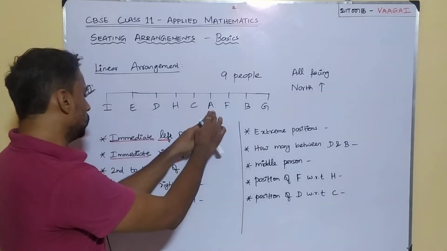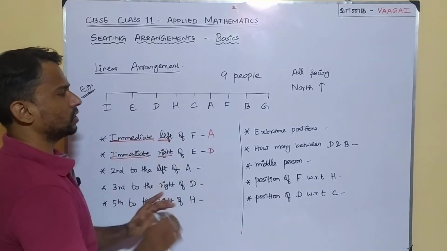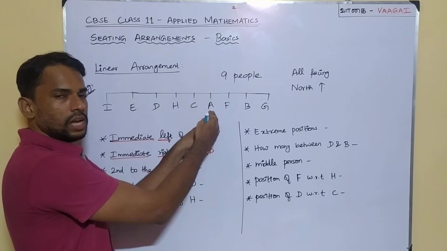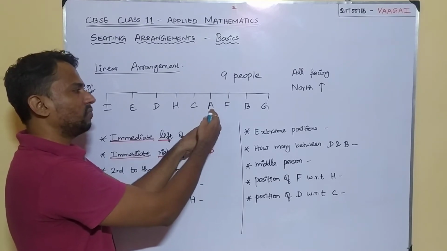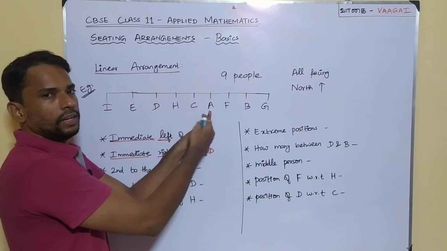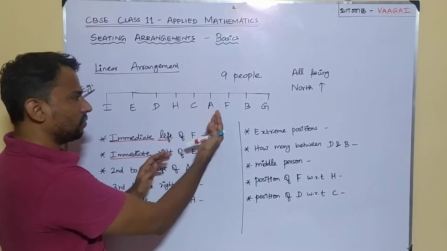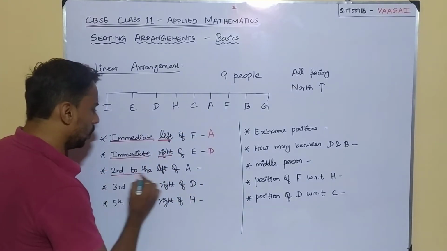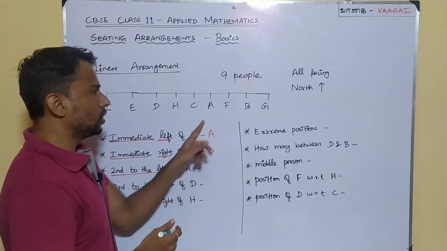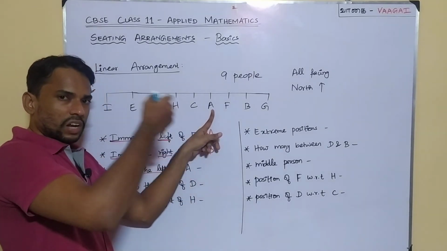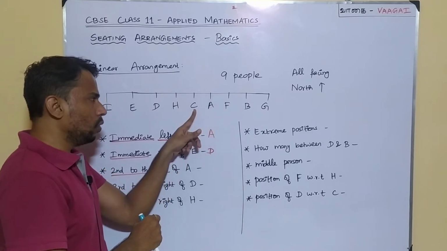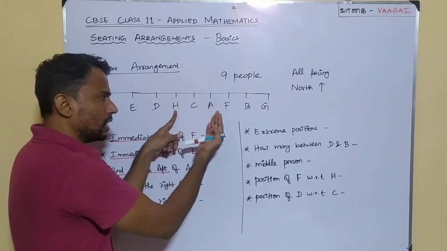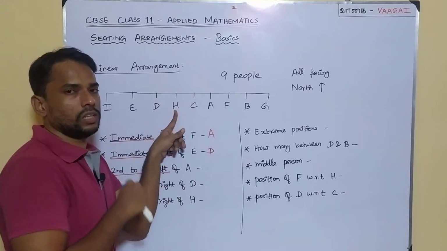Second left of A, in the sense we have to see the left-hand side of A, and that too the second position. So A is here, A's left-hand side we have to see, 1, 2, the second position. That's what they're asking.